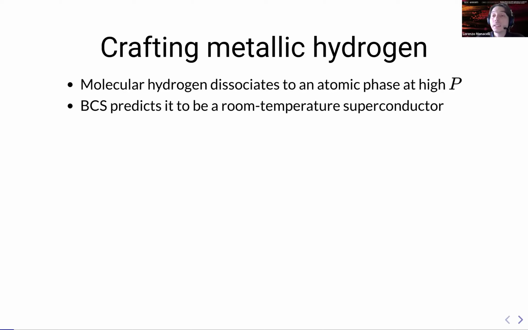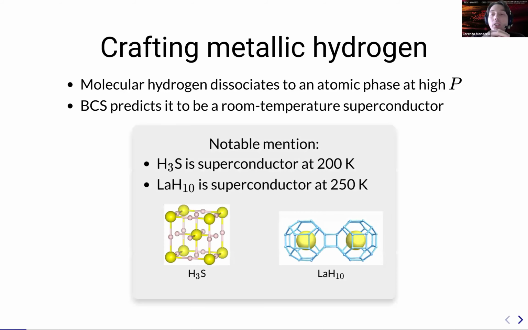And while this remained just a theoretical idea for a long time, in 2015 the synthesis of a very high temperature superconductor in hydrides, which are based on hydrogen, was announced: superconductivity in H3S, which was measured to be a superconductor at 200 Kelvin.